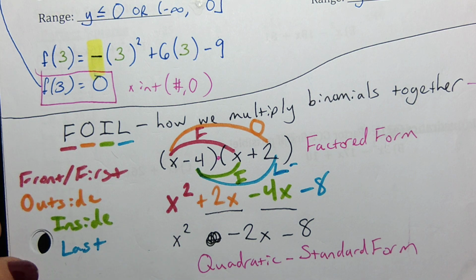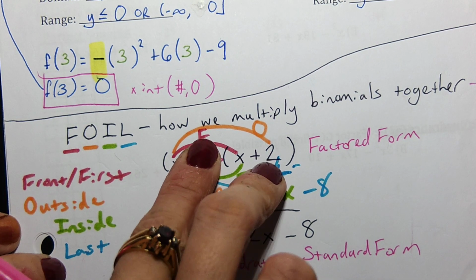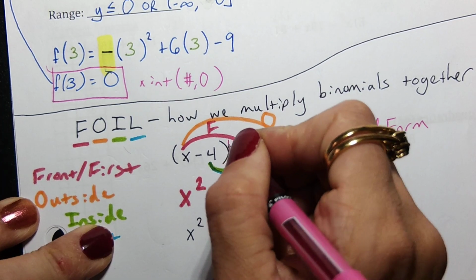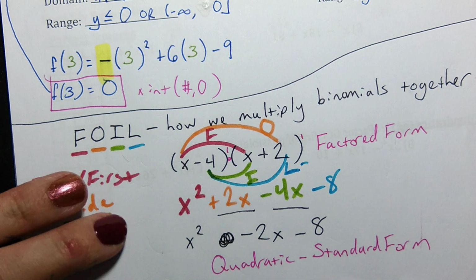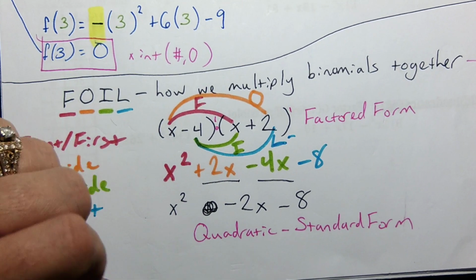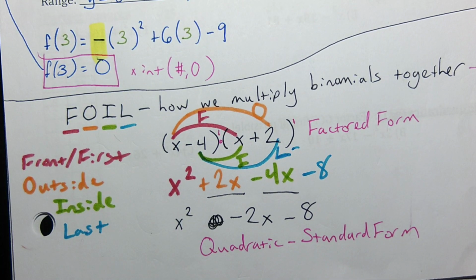So if I asked you for the degree of this polynomial based on the factored form, I'd take the multiplicity of 1 plus the multiplicity of 1, and that would give me a degree 2 polynomial, which is indeed a quadratic.